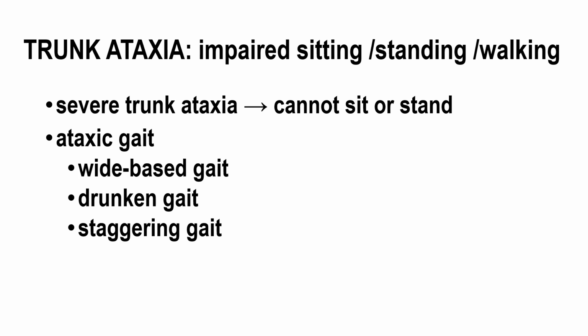Ataxic gait disturbances are sometimes described as a wide-based gait, where the feet are spread wide to maintain balance, or a drunken gait, resembling that of a drunk person, or a staggering gait.